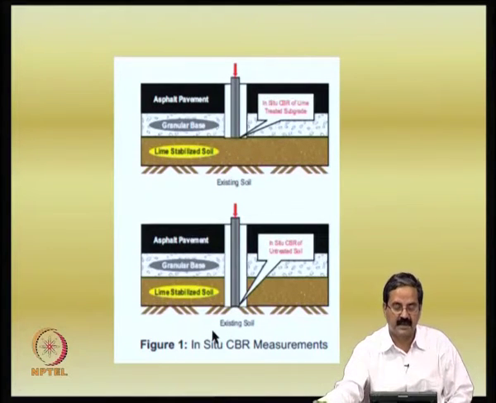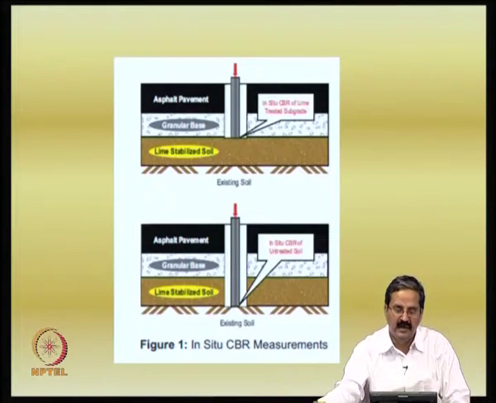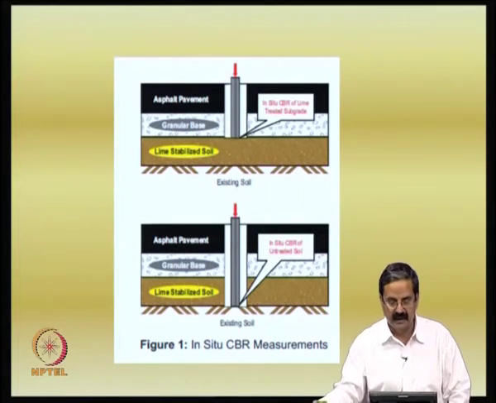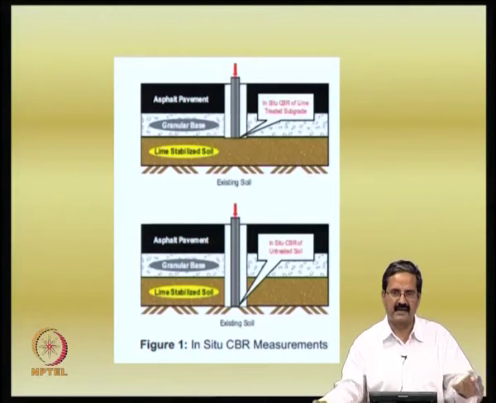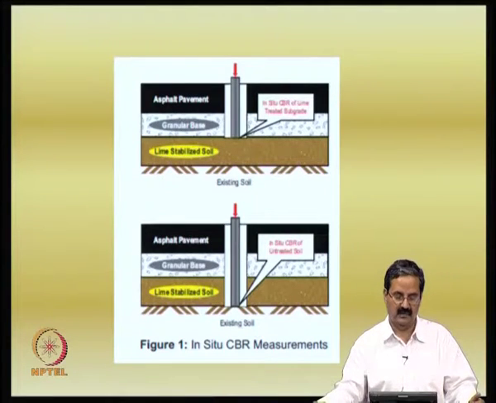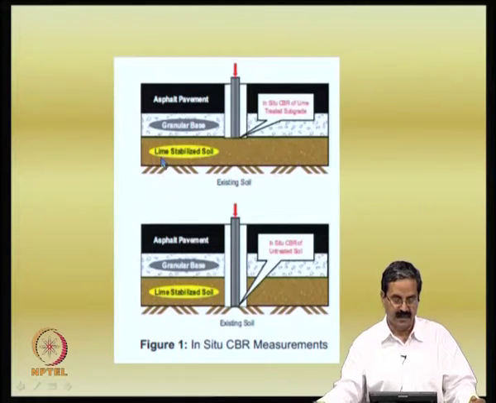I will just give you some example of durability studies that were conducted by a company which deals exclusively with lime treatment. In fact, they have taken lime treatment as their own profession, and they do this job very well. Similar to a field CBR, similar to in situ laboratory CBR, we can also do the in situ CBR test. They have done the in situ CBR test for the existing soil and the lime untreated soil.